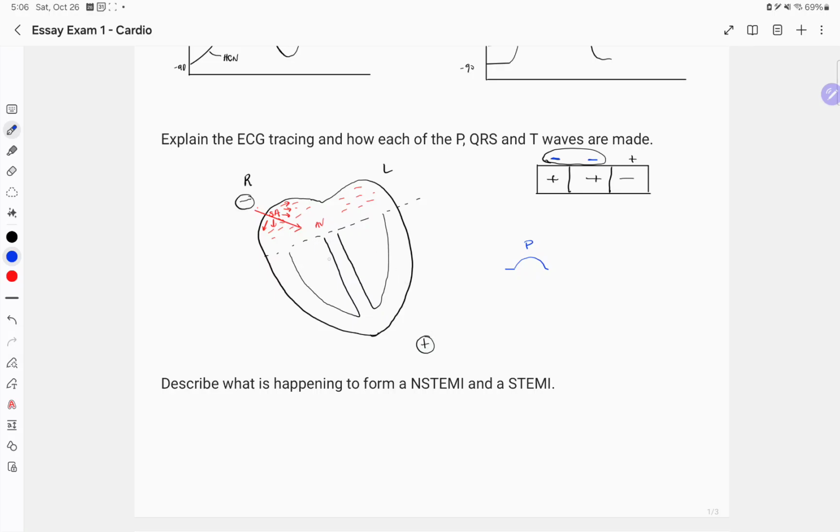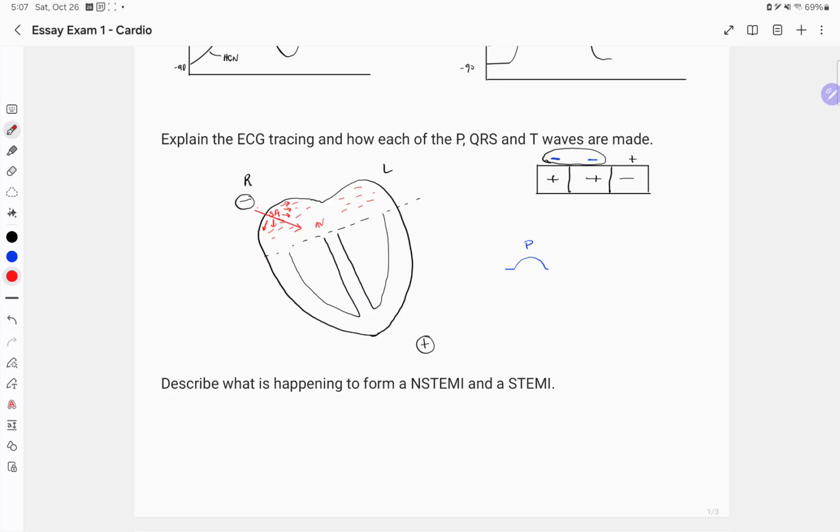But if it was headed exactly towards that positive lead, then that wave would be a lot bigger. But because it's headed toward it, but not directly, it's kind of headed more out this way. That's what causes it to rise. So when it's a negative to a positive or a positive to a negative, that's going to cause the ECG reading to rise.